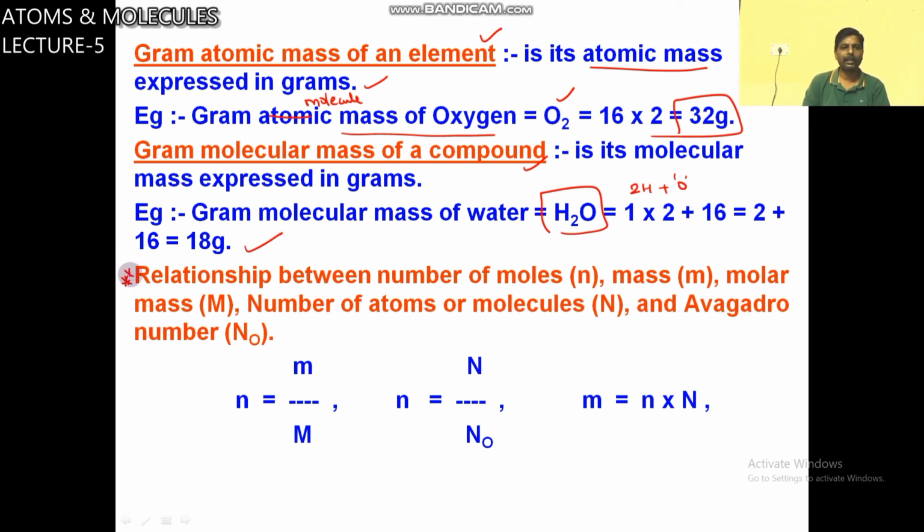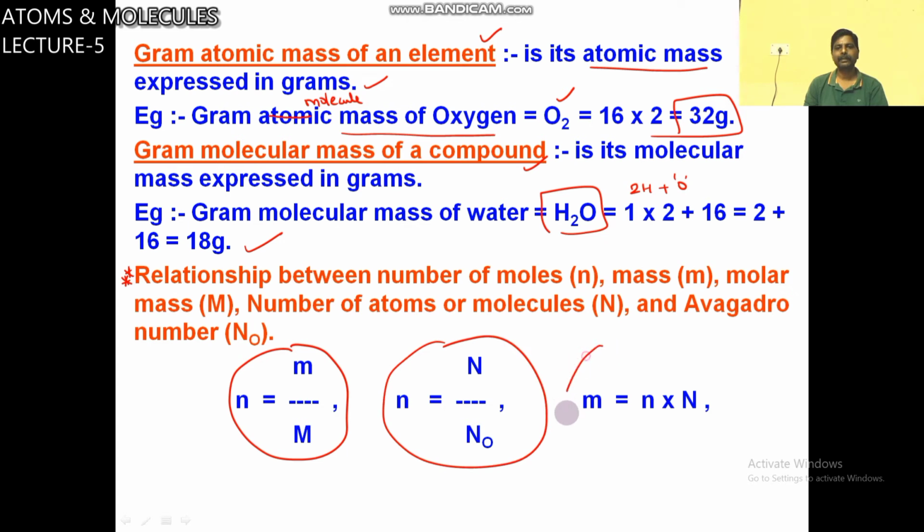Related to the mole concept, these formulas are very important. There are 3 formulas you have to learn. Based on these 3 formulas, some numericals are there.